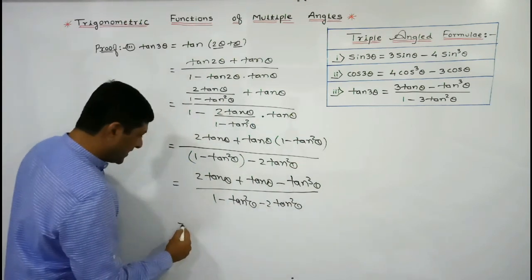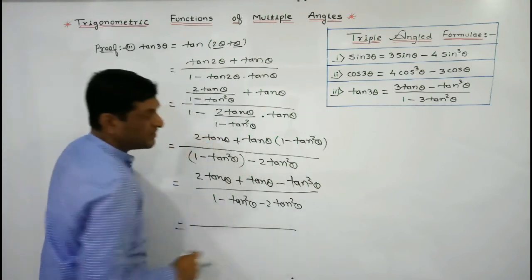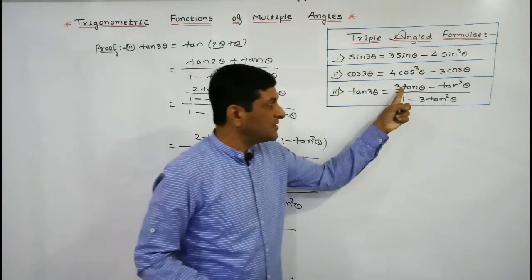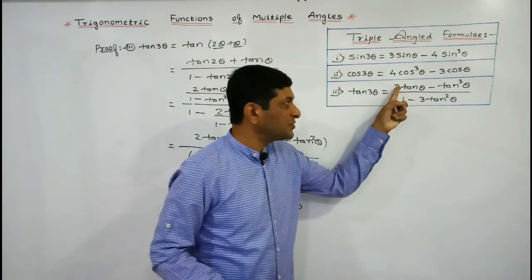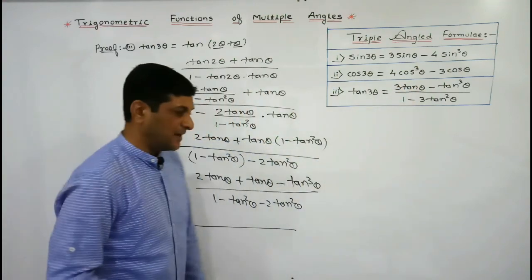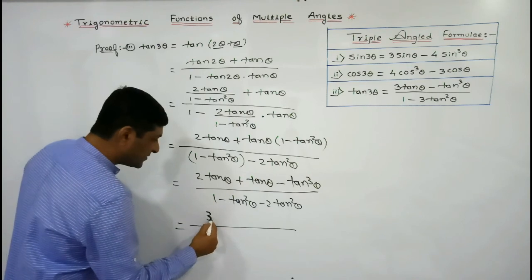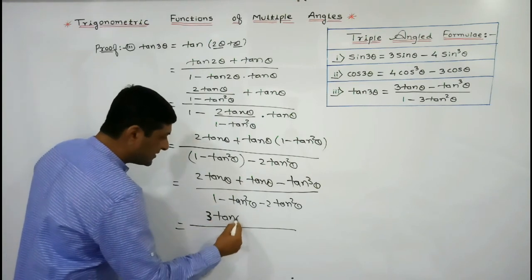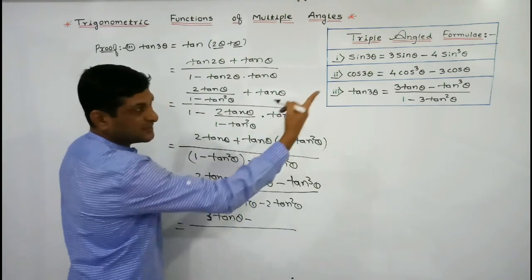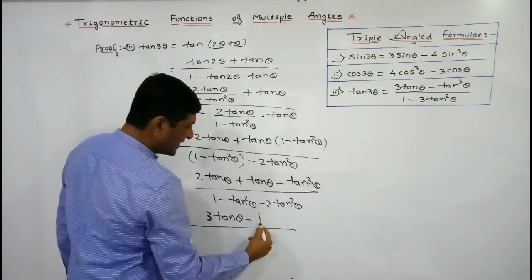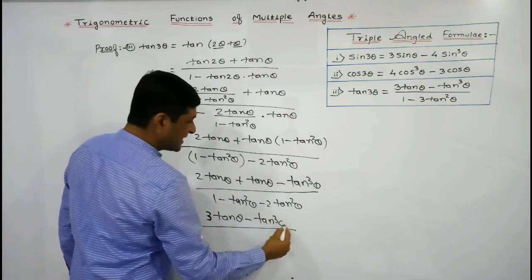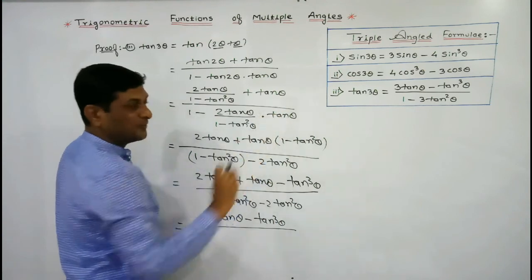Now observe the numerator very carefully. First we have to collect the terms of tan theta. So 2 tan theta plus tan theta will be 3 tan theta, minus, then collect the terms of tan cube, but only one term of tan cube is there, that is minus tan cube theta. In this way we have got the numerator.